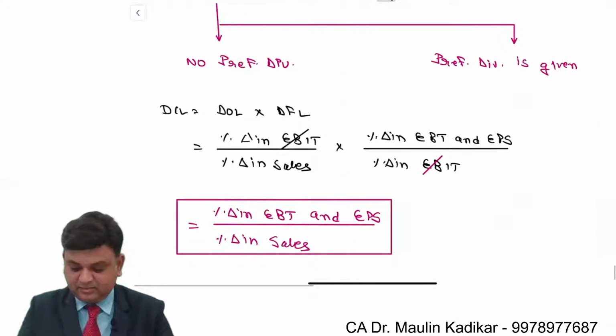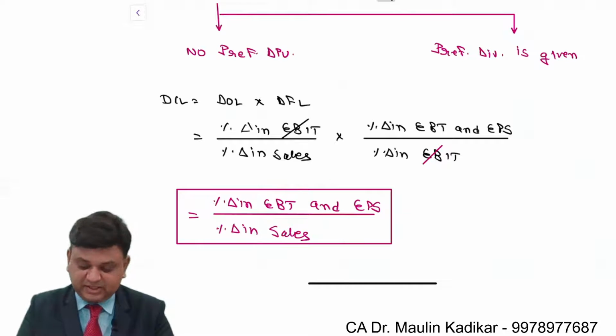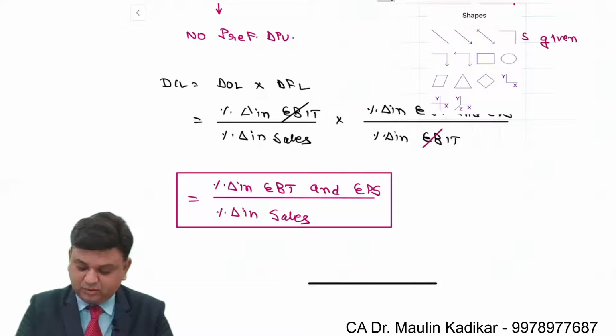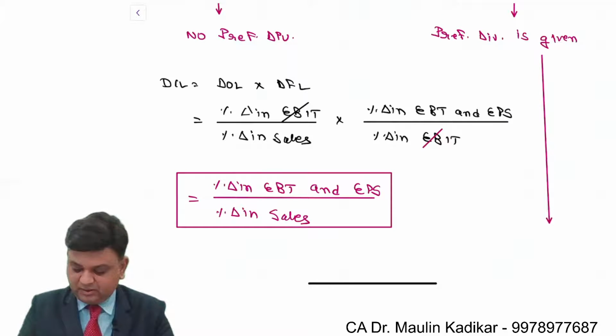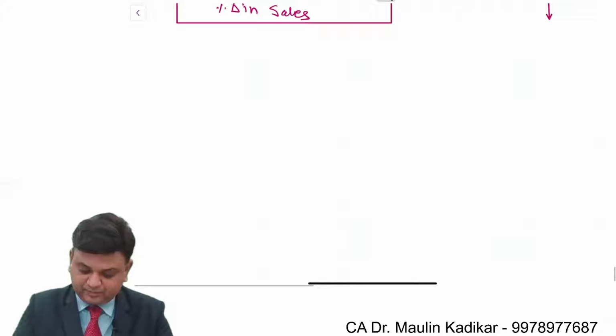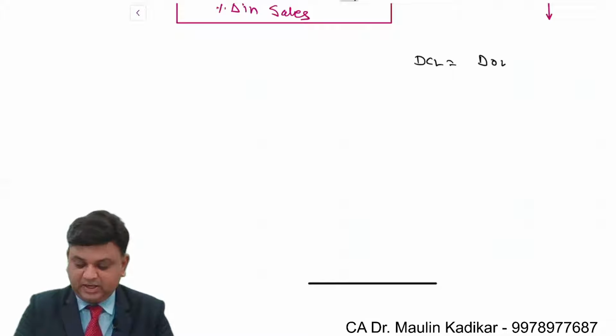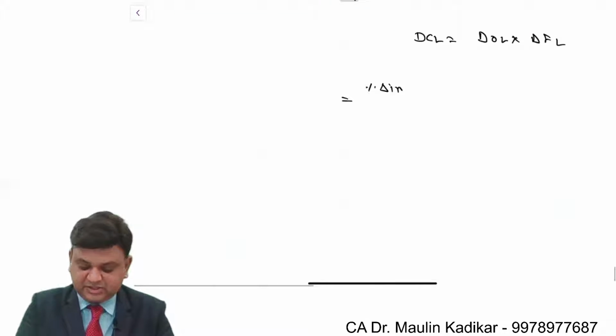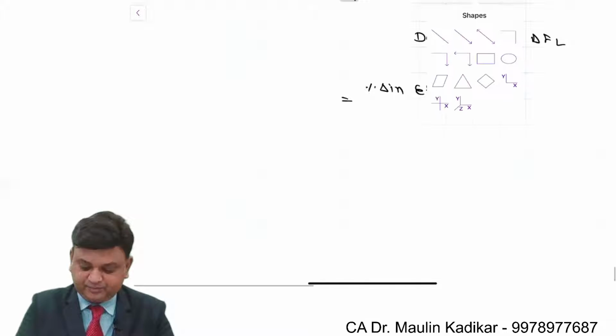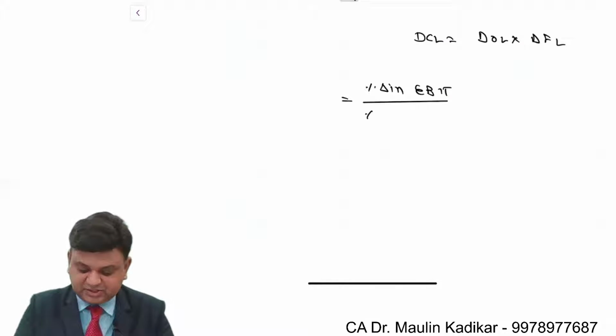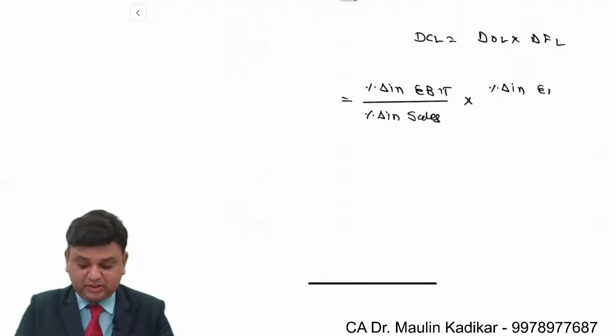At the same time, if the preference dividend is given, then how to calculate that I am writing over here. DCL is equal to DOL into DFL. DOL measures percentage change in EBIT divided by percentage change in sales. DFL is percentage change in EPS only.